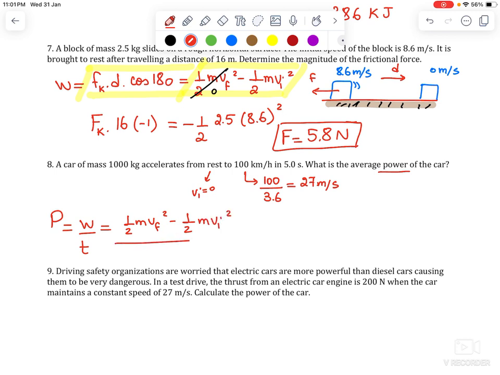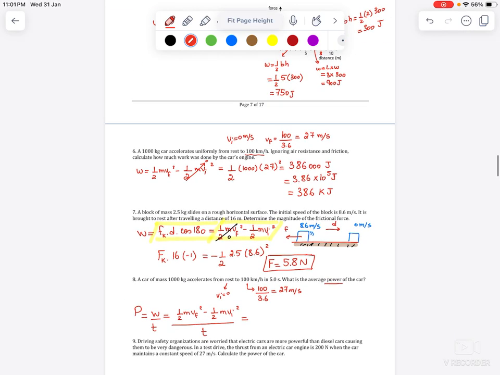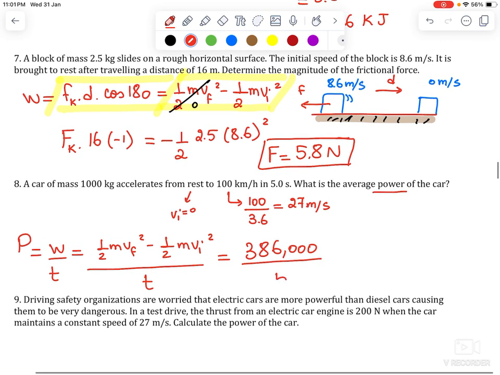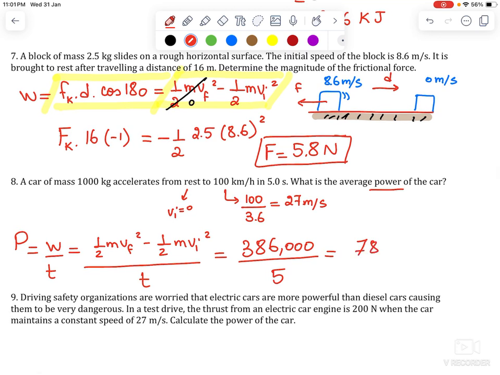And because I need the power, I will divide by the time. So the work that I got first was 386,000 divided by 5, which will give me 78,400 watt.